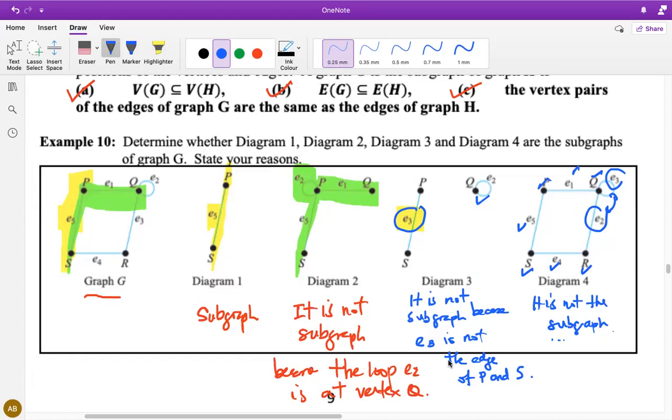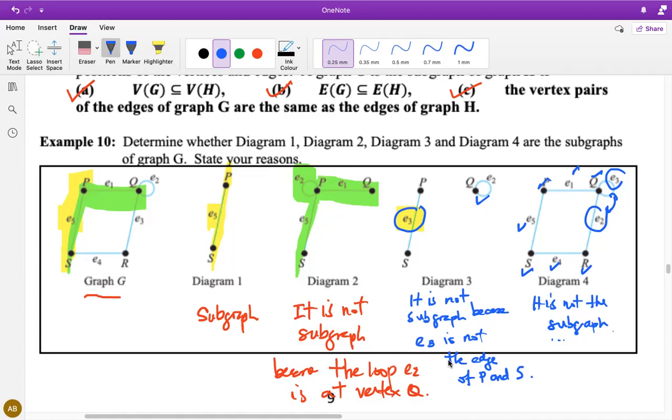Diagram 4, no, because the loop and the edge connecting Q and R are wrong. Diagram 2, no, because the position of loop E2 is not on vertex Q. Diagram 3, no, because the edge connecting P and S is not E3. What I write is almost the same, just not technical.